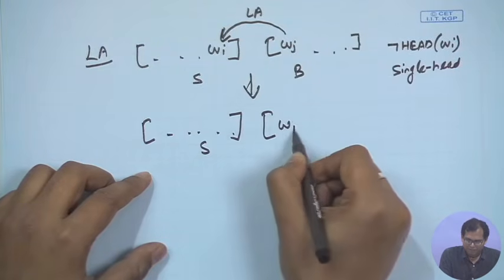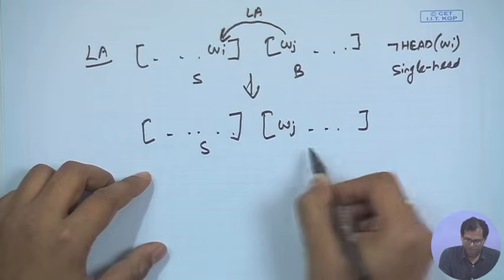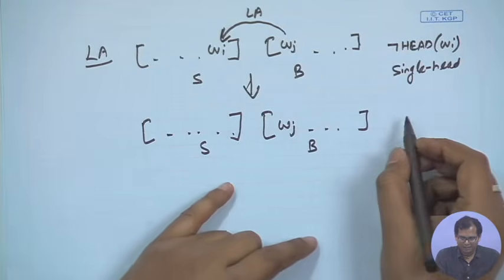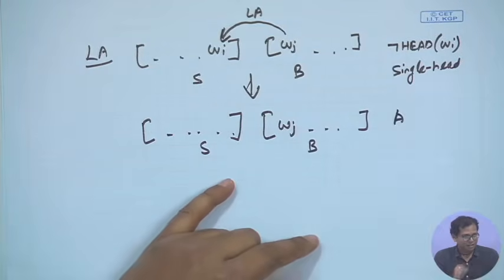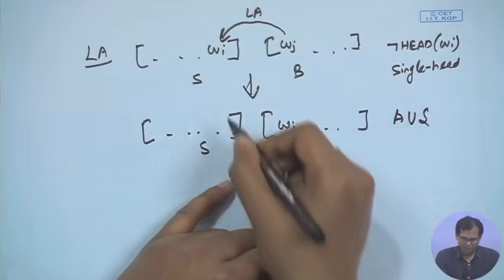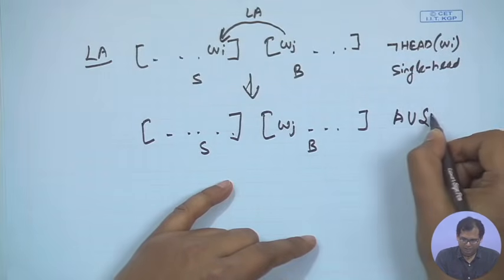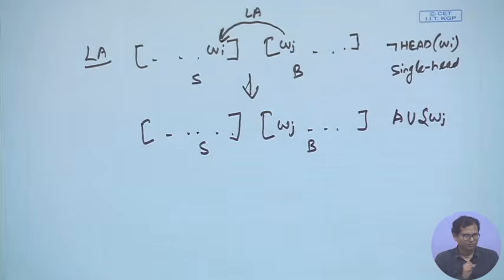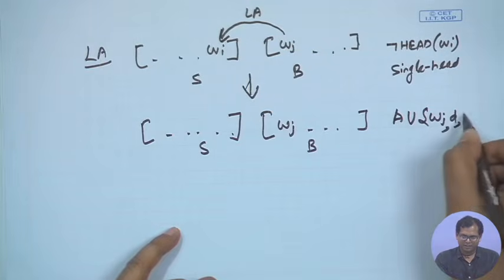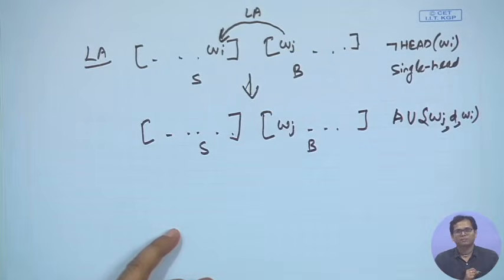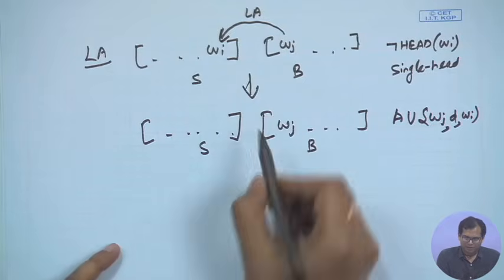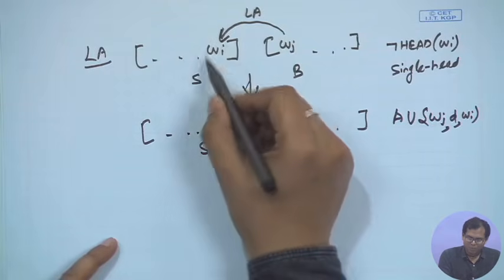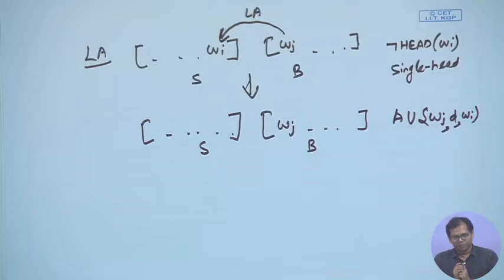The buffer will remain as it is, and my arcs will be, I have got a new arc. What is that? Wj with dependent Wi. This is my new arc. So, I have removed Wi from my stack.